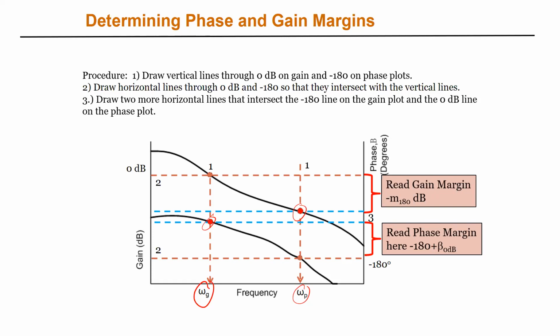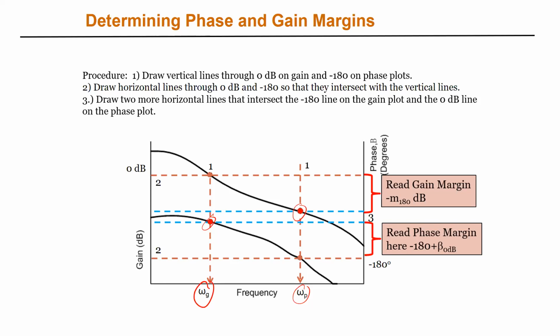Now tell me, based on what you see here, when do you think the system will be stable? The system will be stable when the gain is less than 0 and the phase at the same time is minus 180 or less.